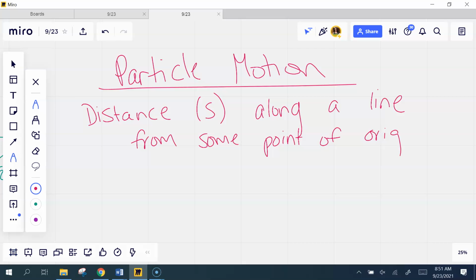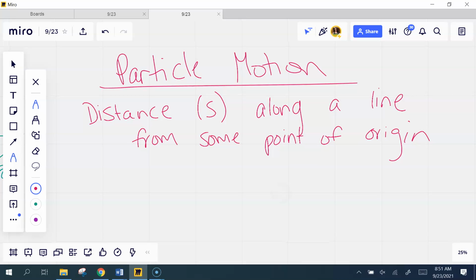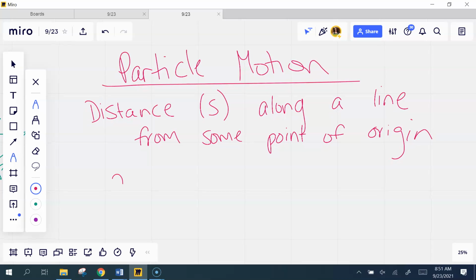This is the definition. And so we use S of t to describe the position of the particle along this line.